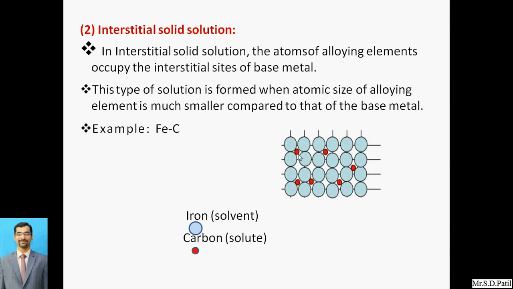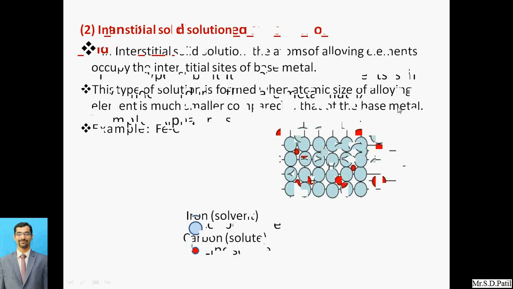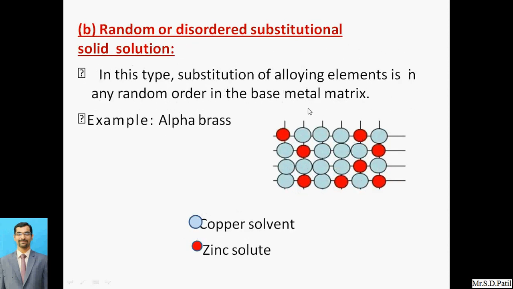This type of solution is formed where the atomic size of the alloying element is much smaller, which is very important. Just try to understand: the atomic size of the alloying element is much smaller compared to the base metal. In the random solution, the atomic size is not much smaller.